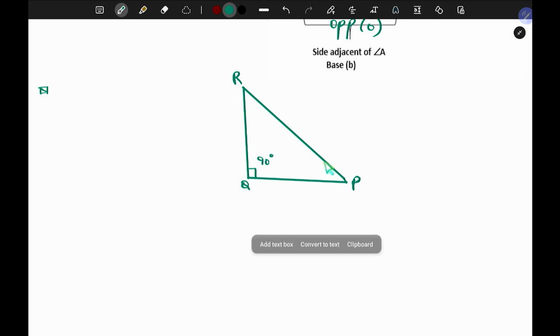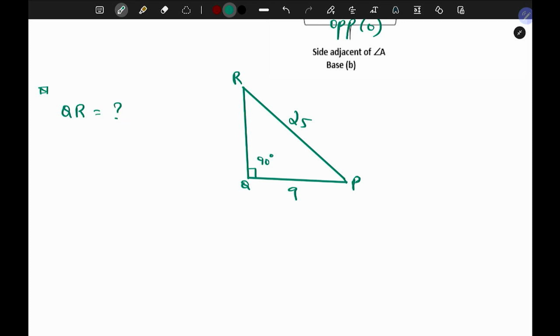Now we have been given the values 25 and 9, and the third value is unknown. We don't know. All right, so now they are asking us to find what is QR.